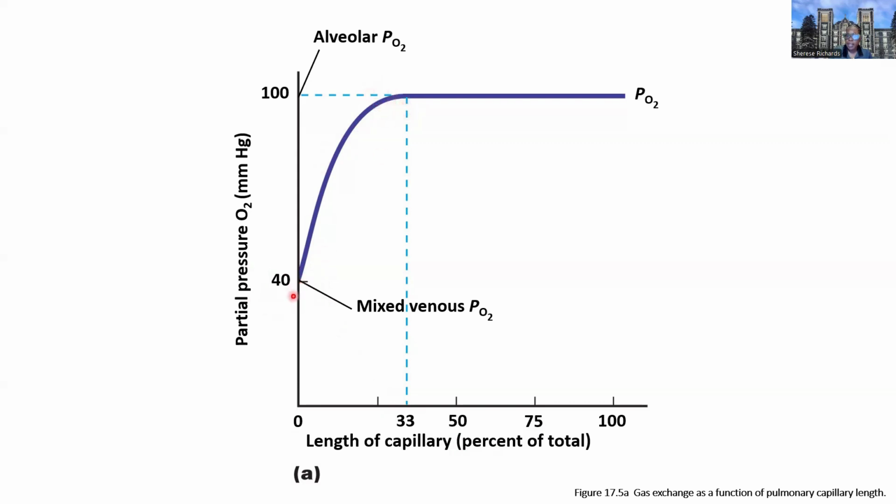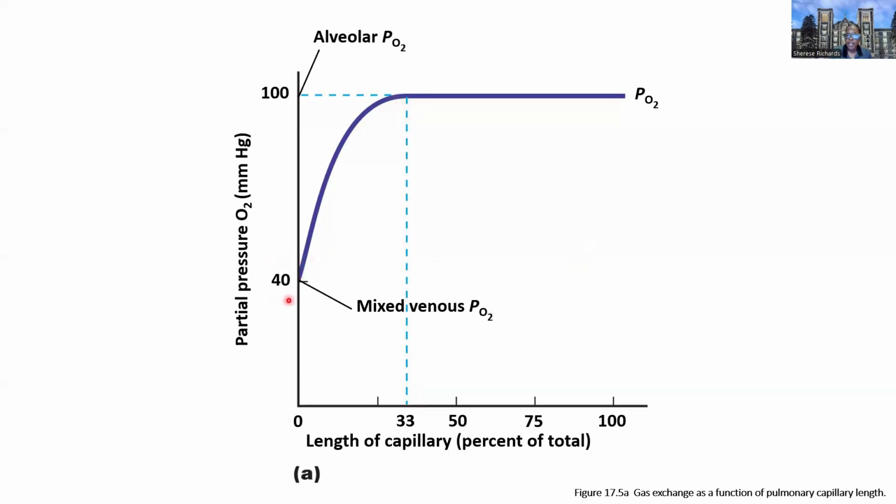So as the blood moves across the length of the pulmonary capillary, when it gets to about 33% of the overall length, we see that all the gas has already exchanged, has diffused. All right. And now we no longer have a gradient. The partial pressure has changed because the gas itself is diffusing.